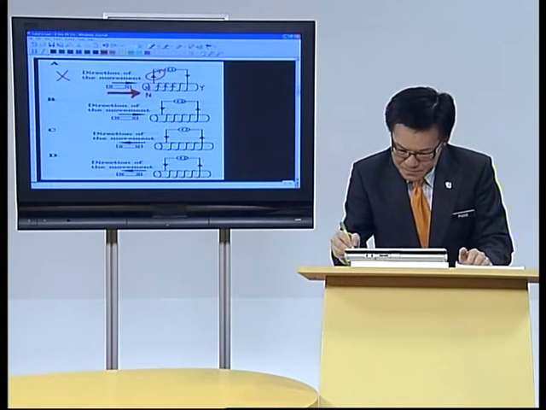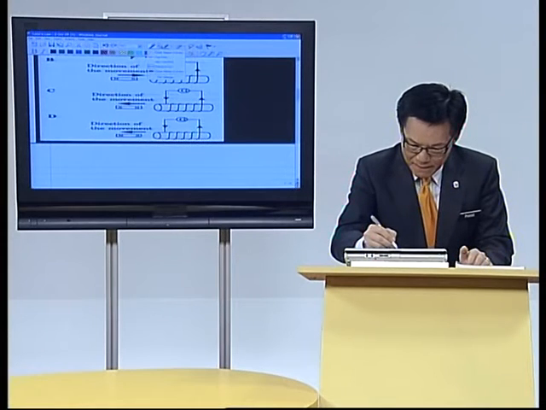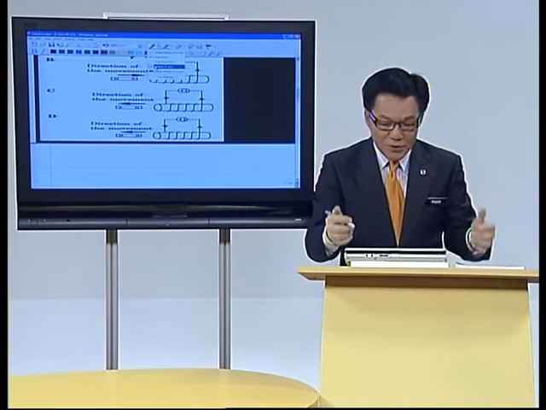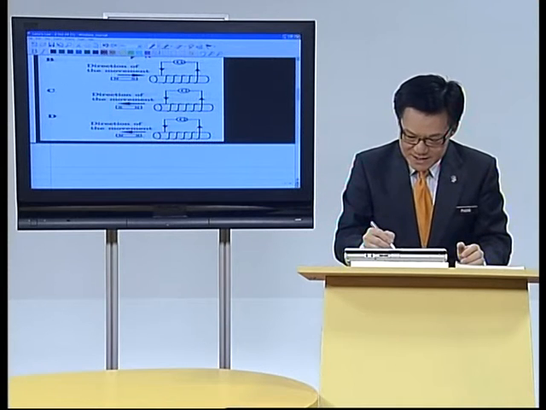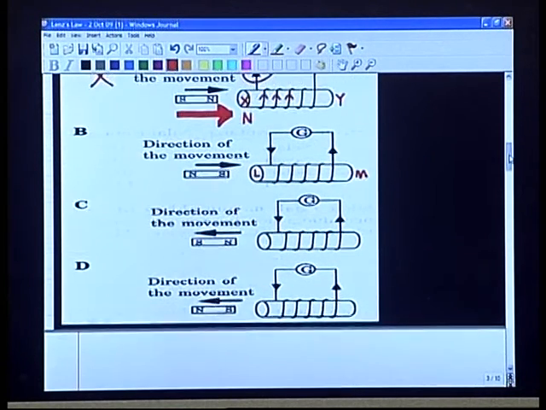Let's take a look at B now. I'm going to use different symbols just to help you. This will make things easier. I call this LM. This is in answer B. I'm going to take you through answer B now.